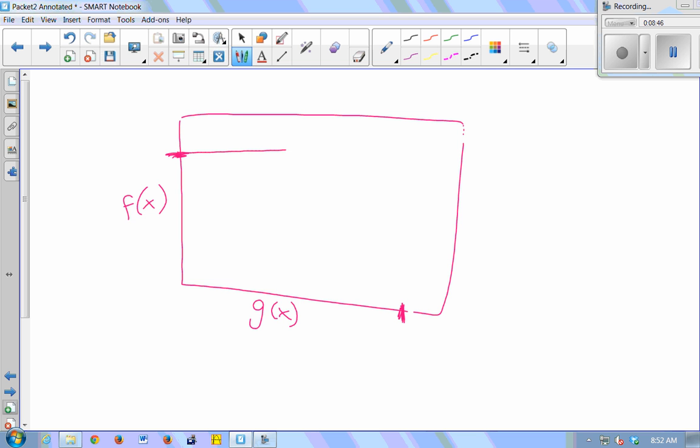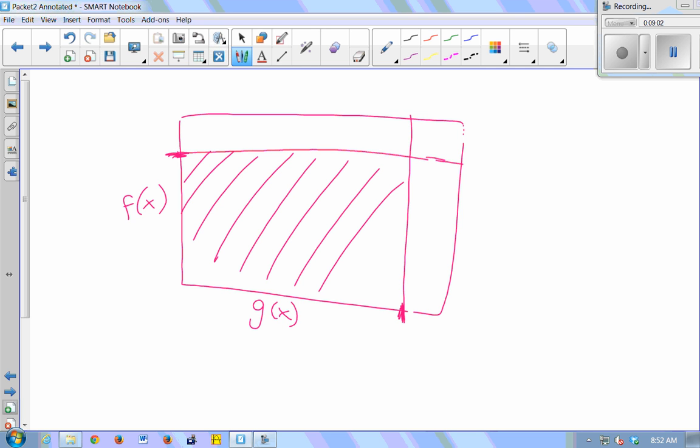That's going to cause some lines there. So what's the area of the big inner rectangle? f times g. So this area here is f of x times g of x.